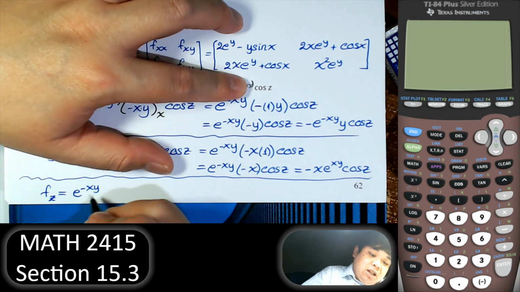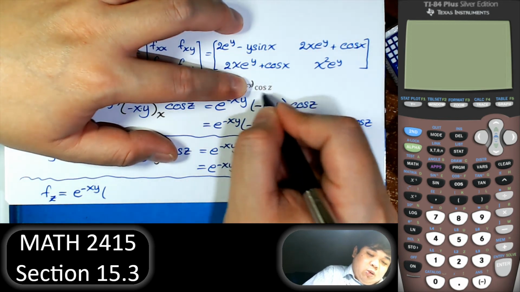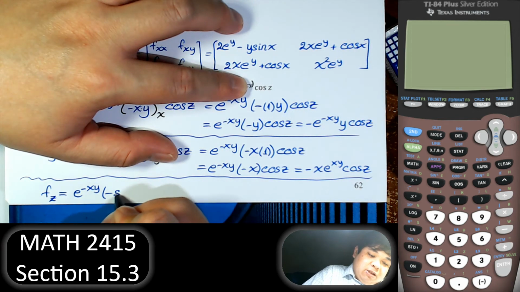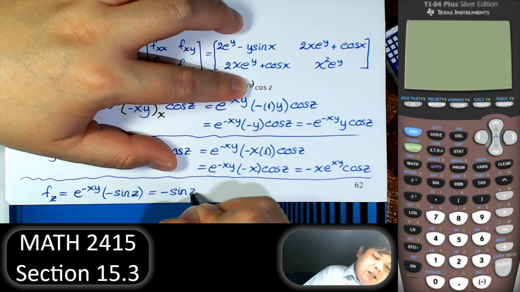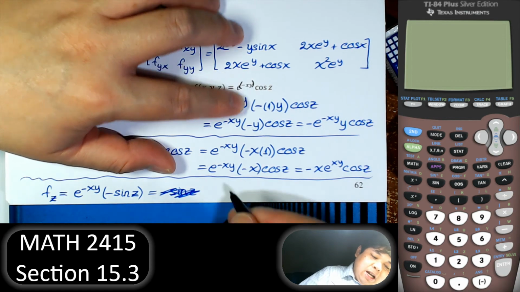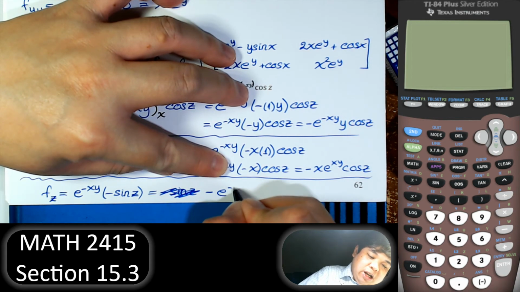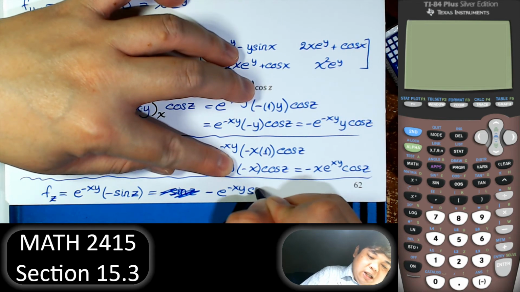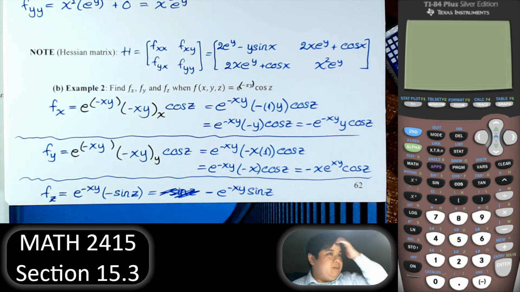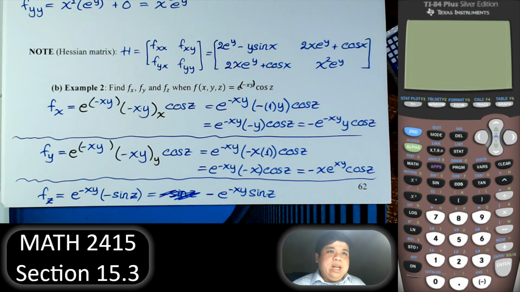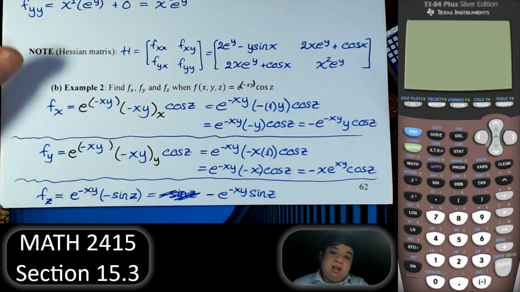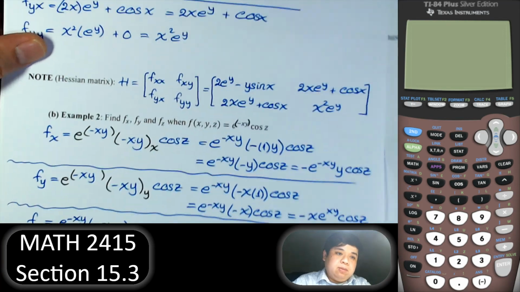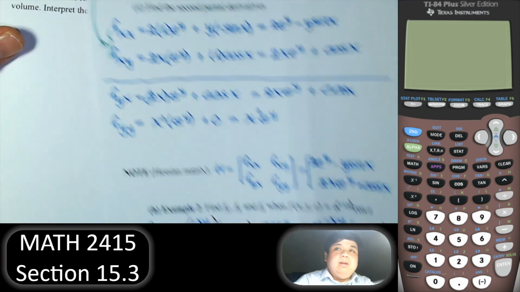Derivative of cosine z though, we need to take derivative of that with respect to z, gives us negative sine z. So we have negative sine z. Actually, let's say negative e to the negative xy sine z. Yeah, that's better. Just write like that. So whether we have 3 or even more variables, it doesn't matter. Derivative will be just like that.